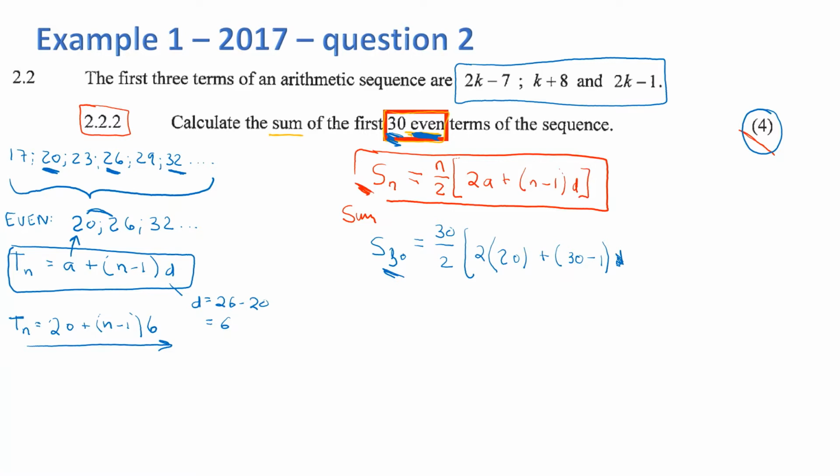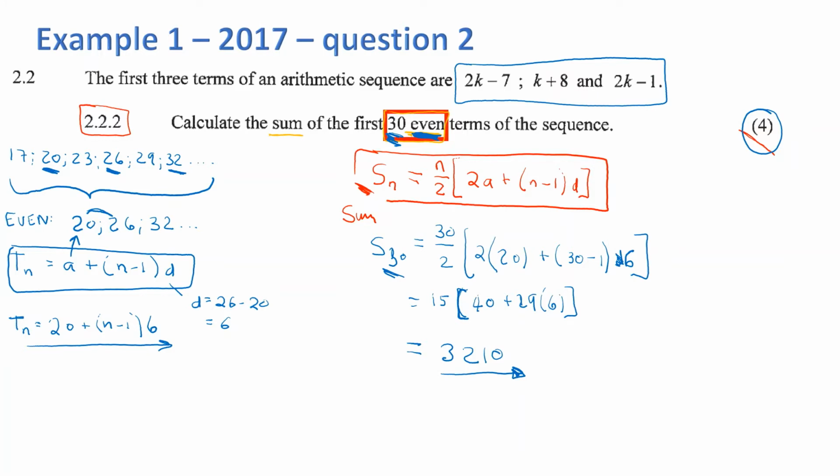Just replace it now. d is 6. Cool. So we've got 15 times 40 plus 29 times 6. And therefore, ladies and gentlemen, you've got a wonderful calculator to do that. And I think that's the answer. Check it.